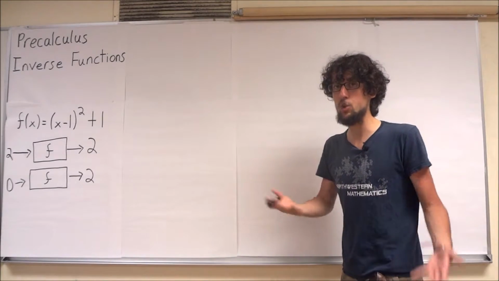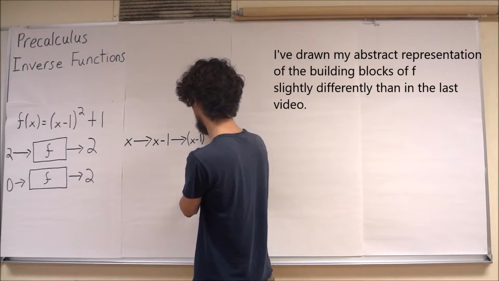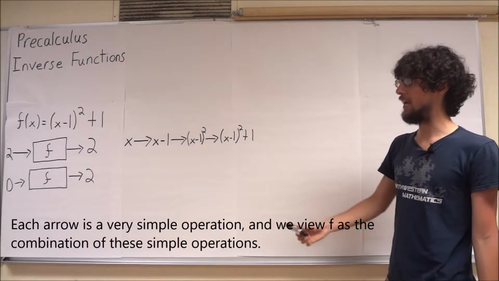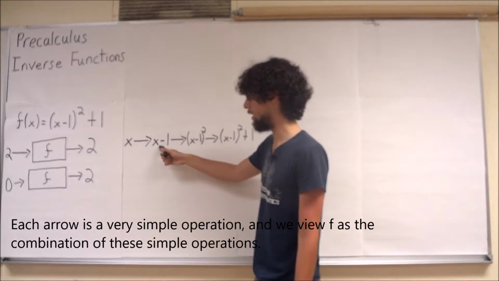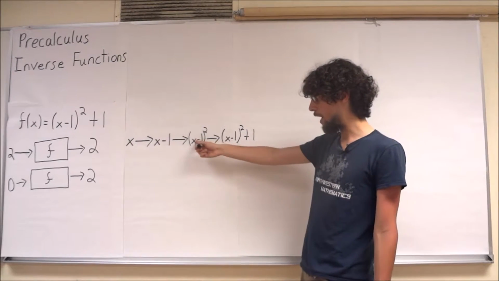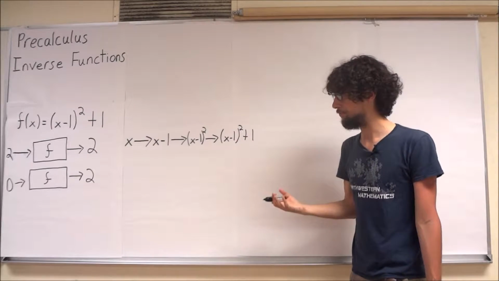We could try doing what we did last time. Here is essentially how f behaves. It turns x into x minus 1. Then it squares that. And finally, it adds 1 to that.